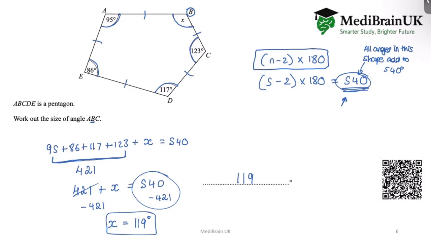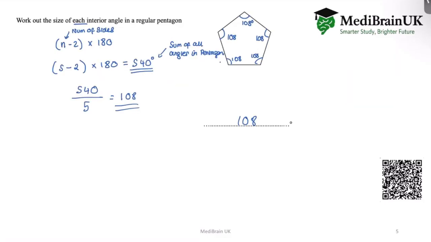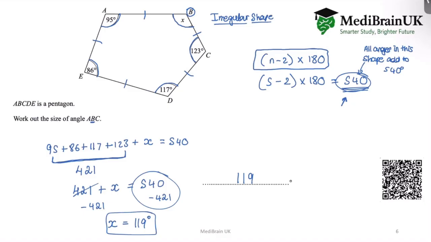This is what you would classify as an irregular shape, because an irregular shape has sides of different lengths and angles of different sizes. The earlier example was a regular shape because all the sides are the same length and all the angles are the same. Here the shape has different sides and different angles, which means it's irregular.